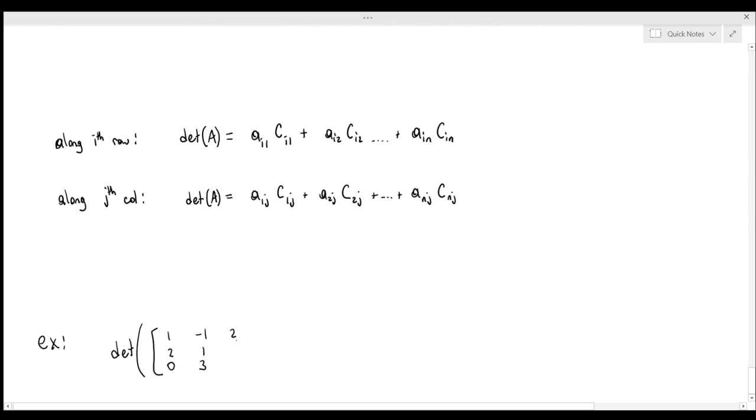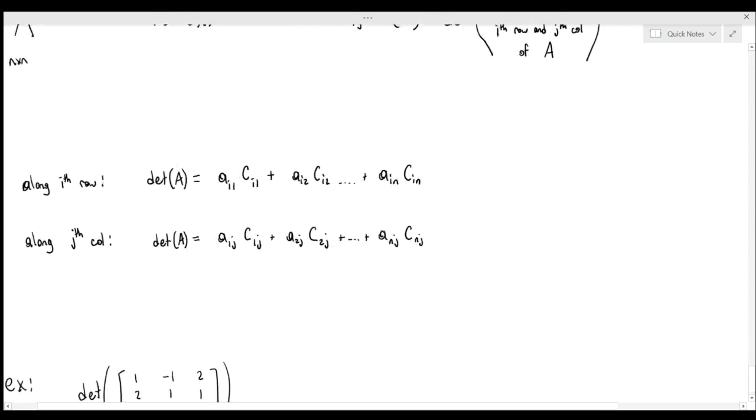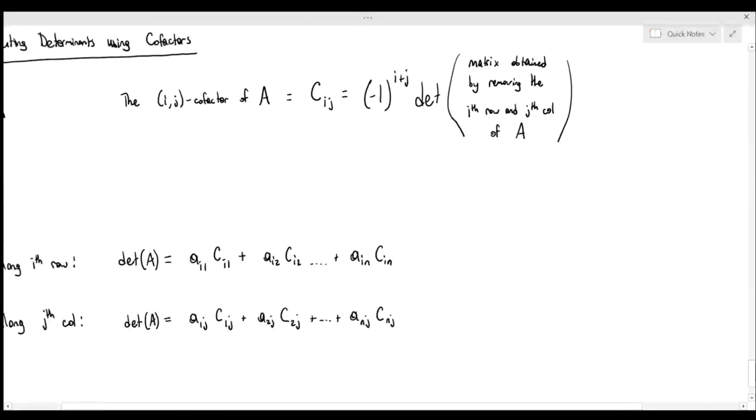So let's confirm that we get the same result using this method. First, I'll make a quick comment about the -1 to the i plus j in the formula for the cofactor. There's a useful way of remembering whether that's going to be +1 or -1.